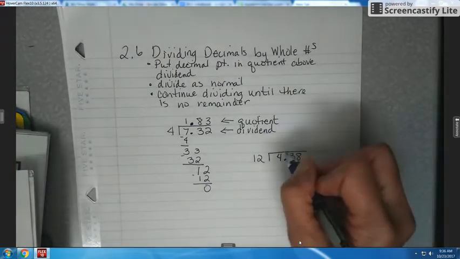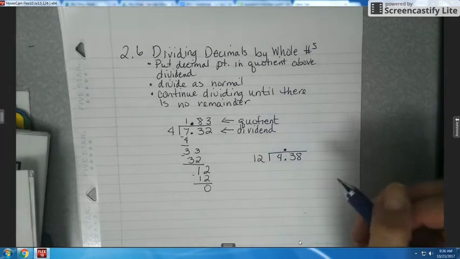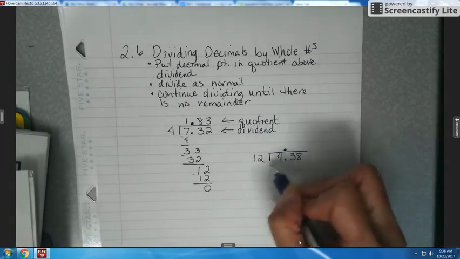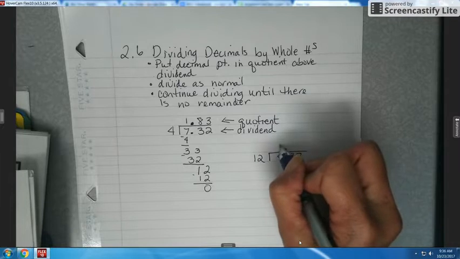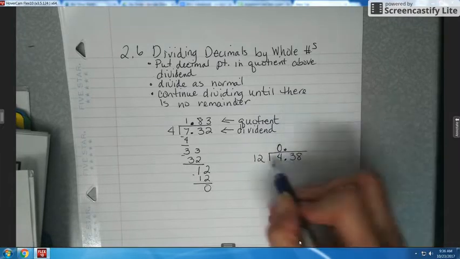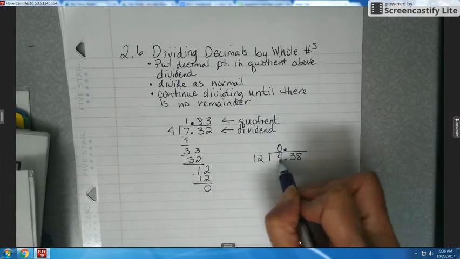So I'm going to bring my decimal point directly up. And then 12 does not divide into 4, so I will put a 0 right there. But 12 can divide into 43.